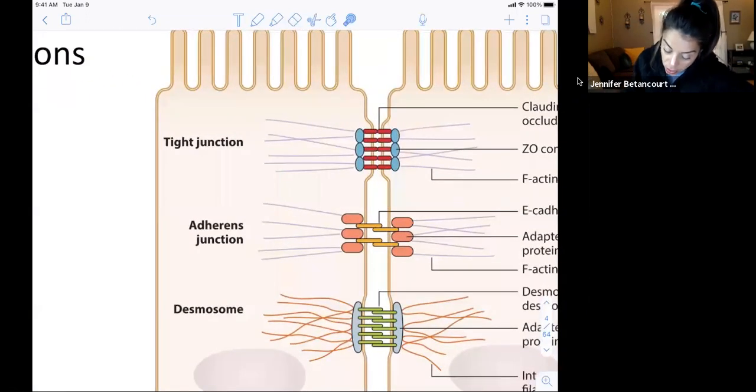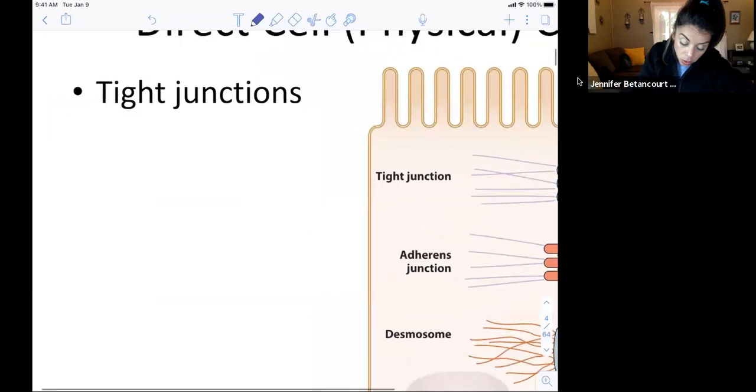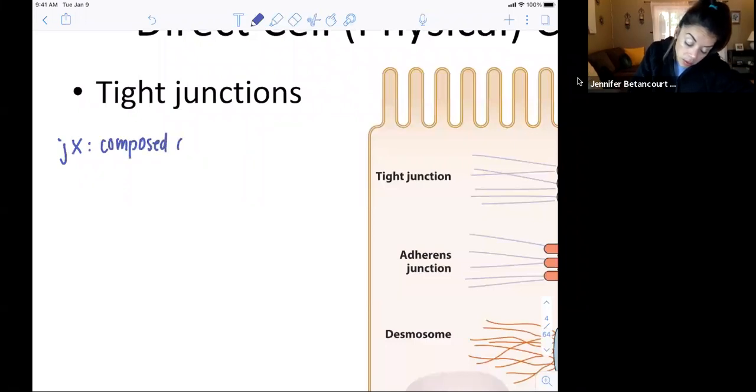And so each of these tight junctions are typically made of protein structures. That's in general, so let's just write that. Junctions, that is my abbreviation for junction, JX. They are going to be composed of proteins, proteins with different names that you need to know.